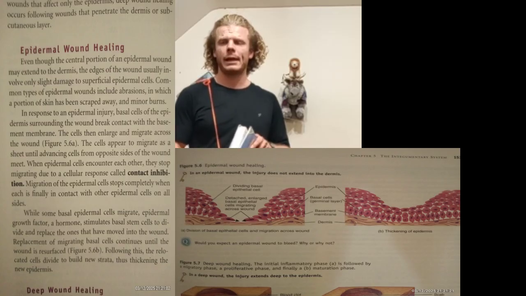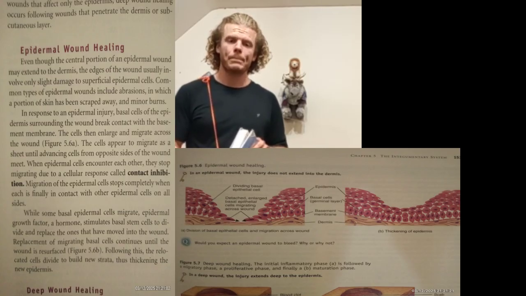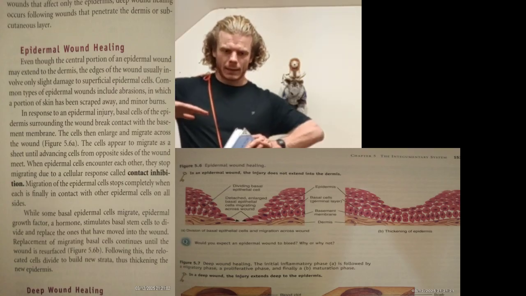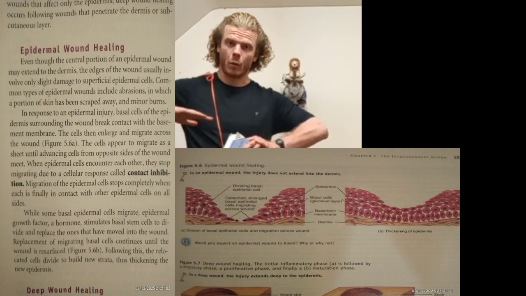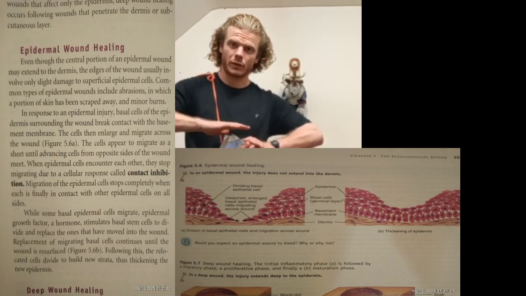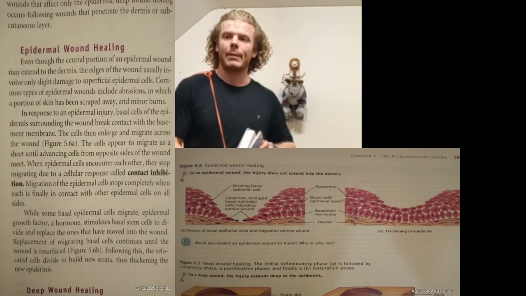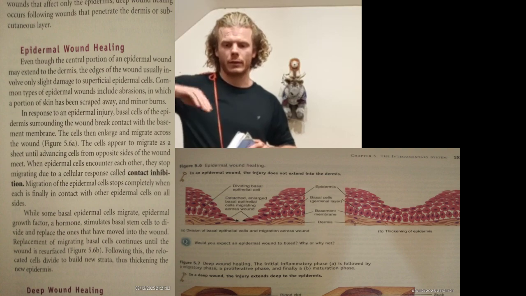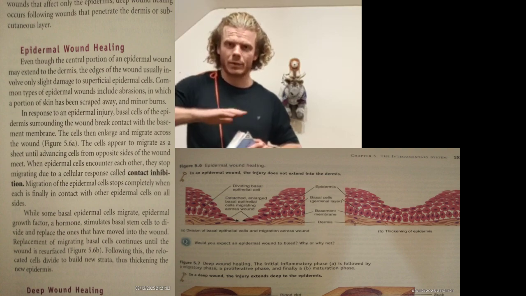Epidermal wound healing. In epidermal wound healing, the basal cells break off of the basement membrane and start to migrate from all sides to close the wound, to resurface the wound. There is the epidermal growth factor, a hormone, which stimulates the basal stem cells to fill the gaps of the ones who moved away.